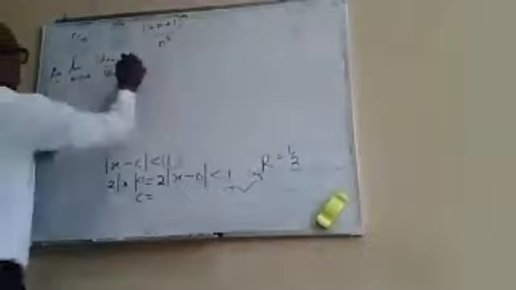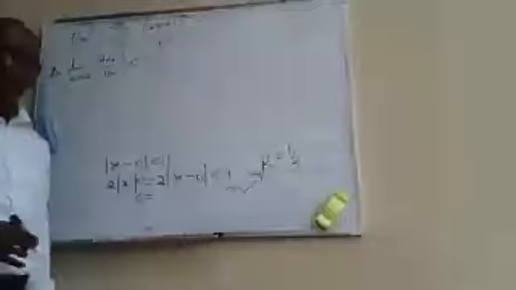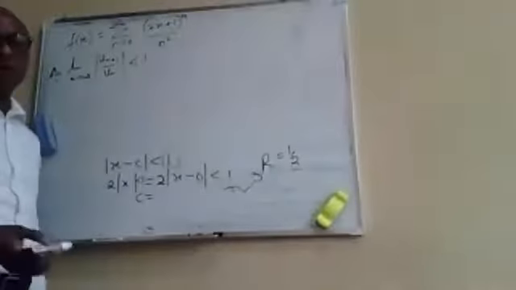If you are going to do the same thing, take it from the formula. We know that when you are using the ratio test, the limit as n tends to infinity of u of n plus 1 over u of n must be less than 1 for it to converge. And if it's greater than 1, that means it's divergent.